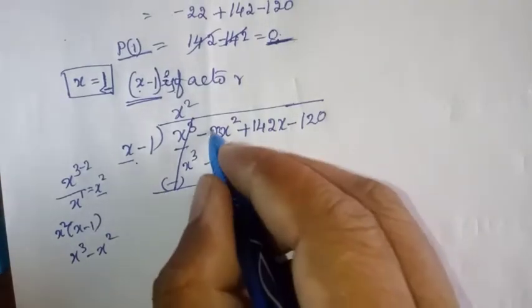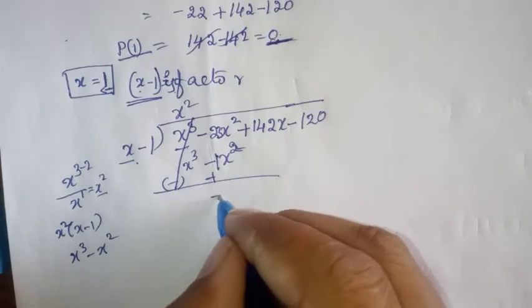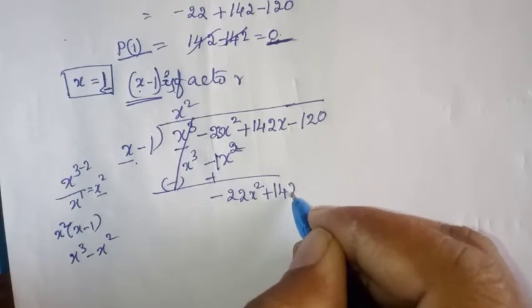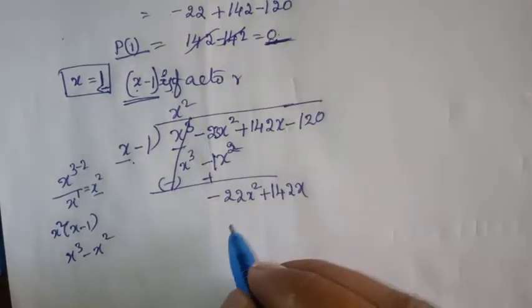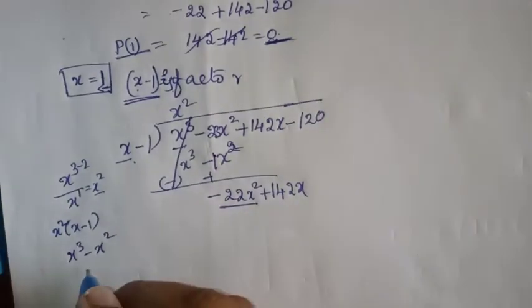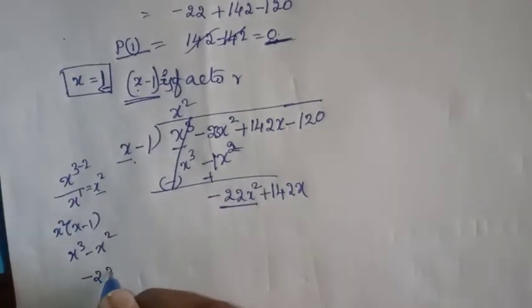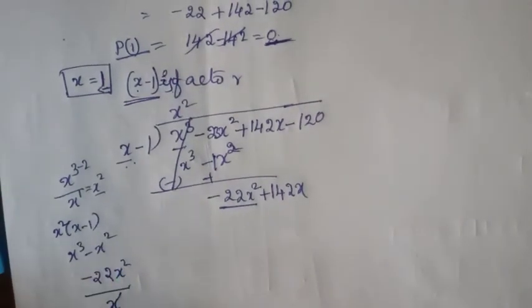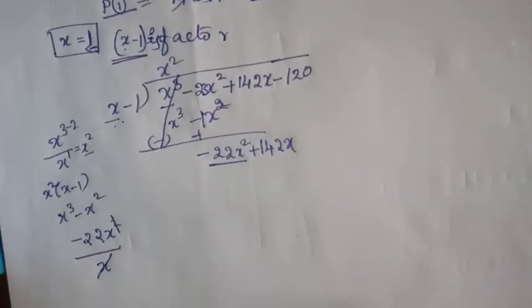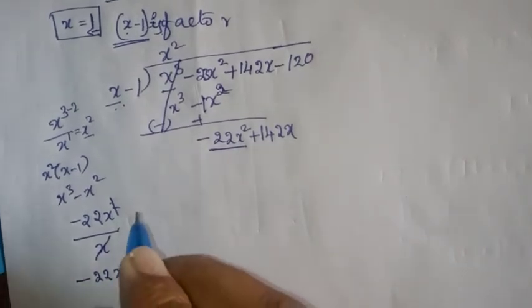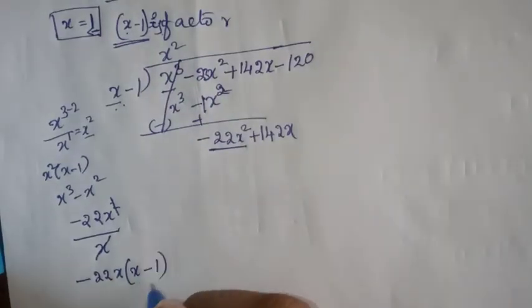Here 1 minus 23 plus 1, that's minus 22x square plus 142x. Now once again consider the first term, minus 22x square divided by the first term of the divisor, that's x. Here one x cancelled, remaining is minus 22x. Yes or no?